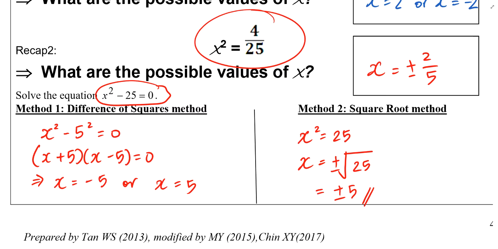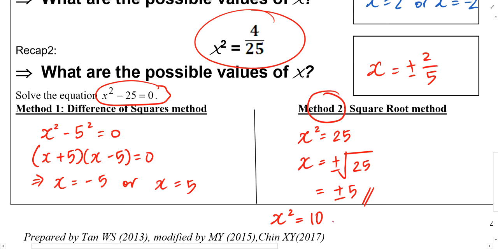The method that always works will be method 2, because your calculator can give you the square root of all the different numbers. But sometimes, let's say we have a question that says x squared equals 10. Then how do you use method 1?